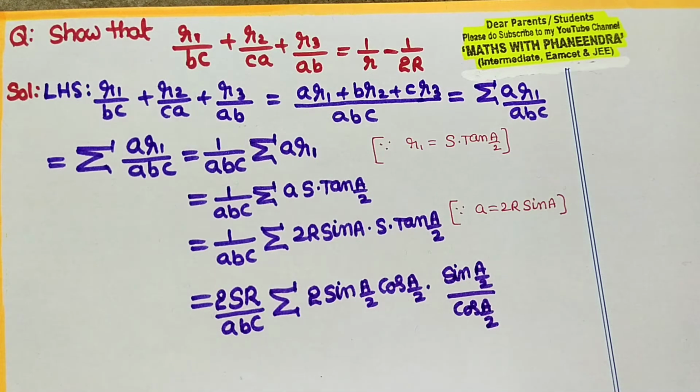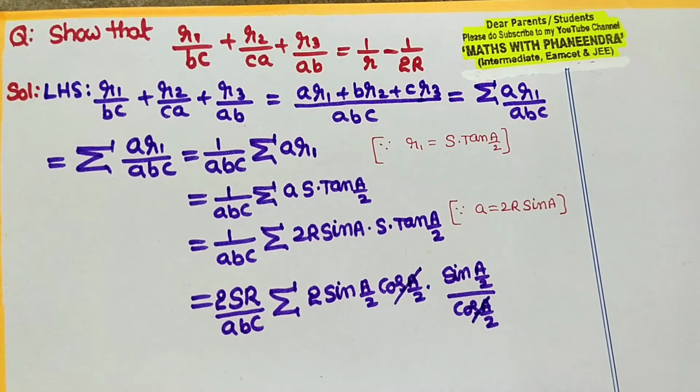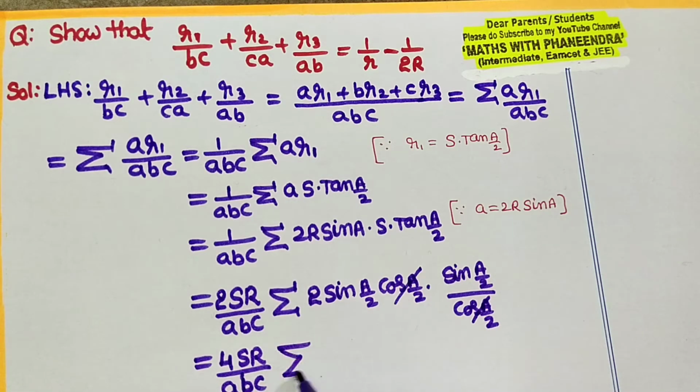So one of the cos A by 2 gets cancelled. In the next step, 2 also we can take outside. It becomes 4SR by ABC summation sin square A by 2.